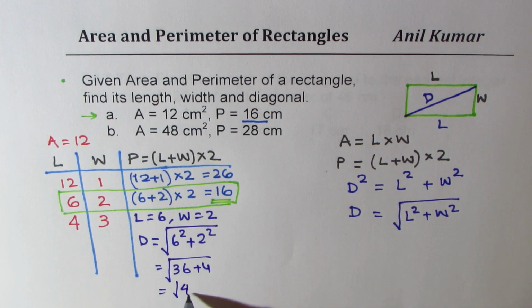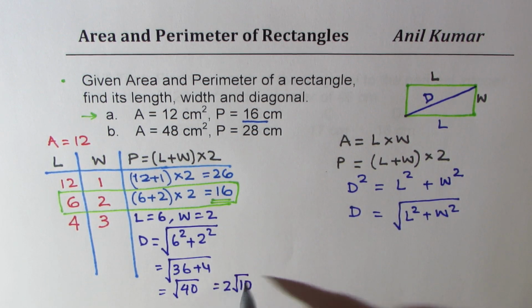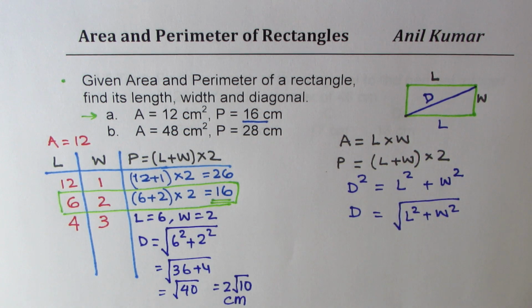So square root of 40, which could be written as square root of 4 times 10, or 2 square root 10. And the units are centimeters. Does it make sense to you? Correct? So that is how you can find the diagonal of the rectangle with given area and perimeter.